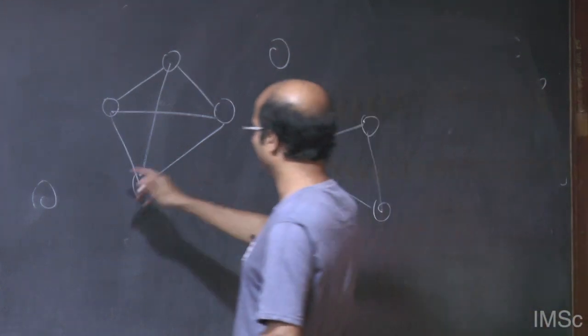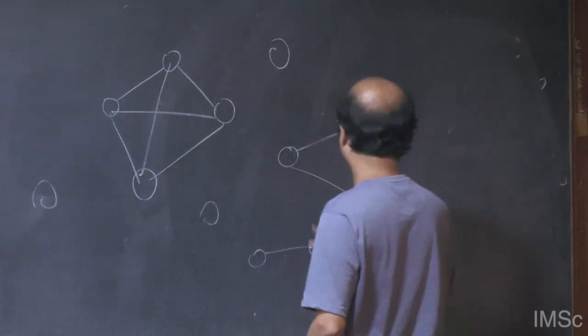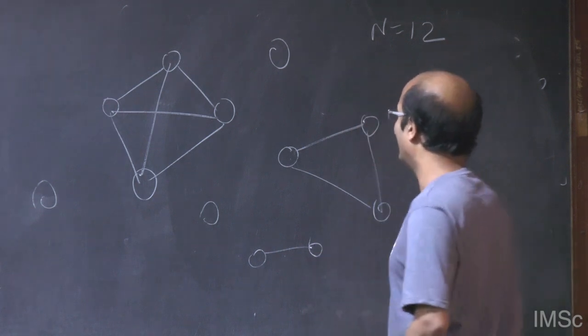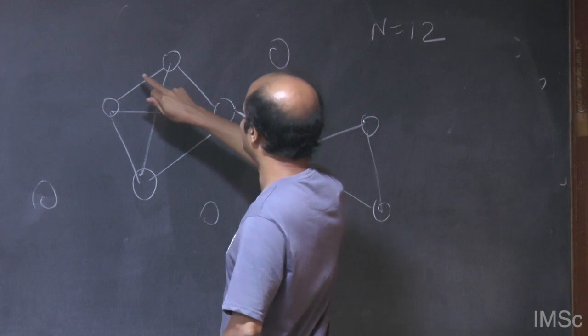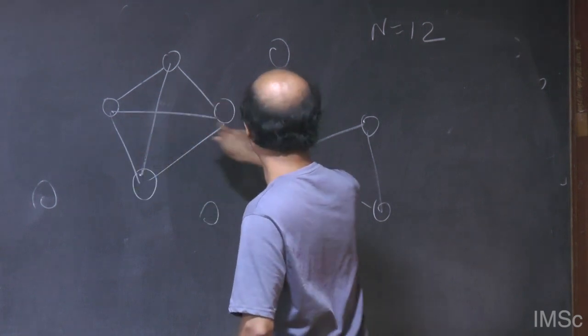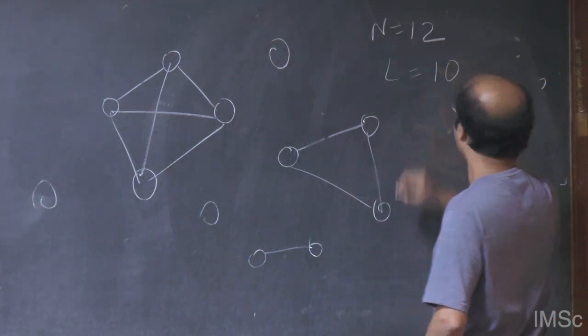You can count how many nodes there are: 1, 2, 3, 4, 5, 6, 7, 8, 9, 10, 11, 12. So you'll say n equals 12, and you can even count the number of edges: 1, 2, 3, 4, 5, 6, 7, 8, 9, 10. So you'll say there are 10 edges.